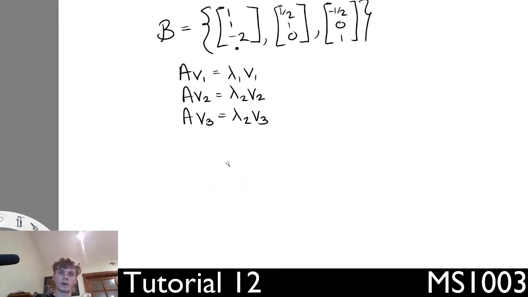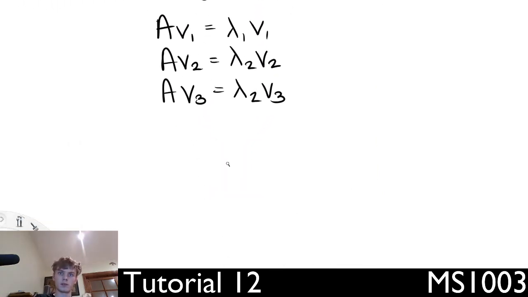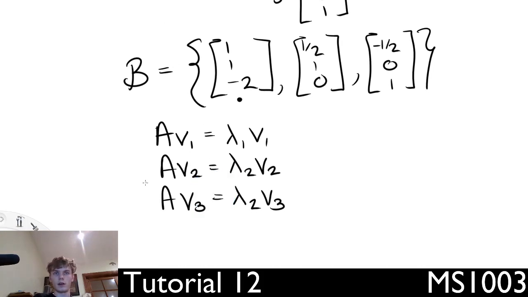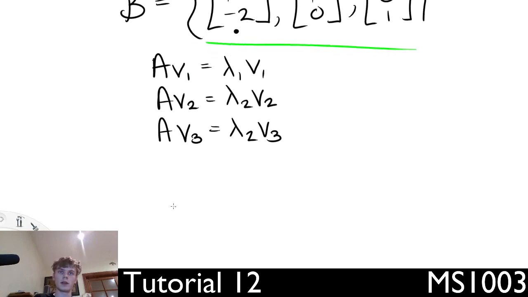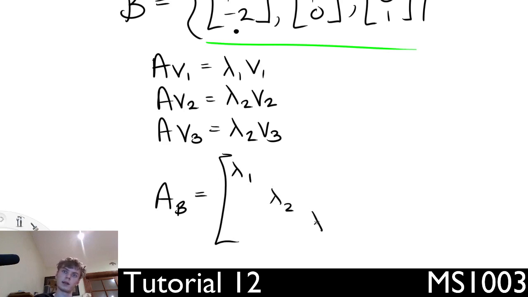And because of this fact here, we get that if we define these to be our basis vectors, precisely how we do right here, then A in the basis B should look like lambda 1, lambda 2, and lambda 2, with 0 everywhere else.